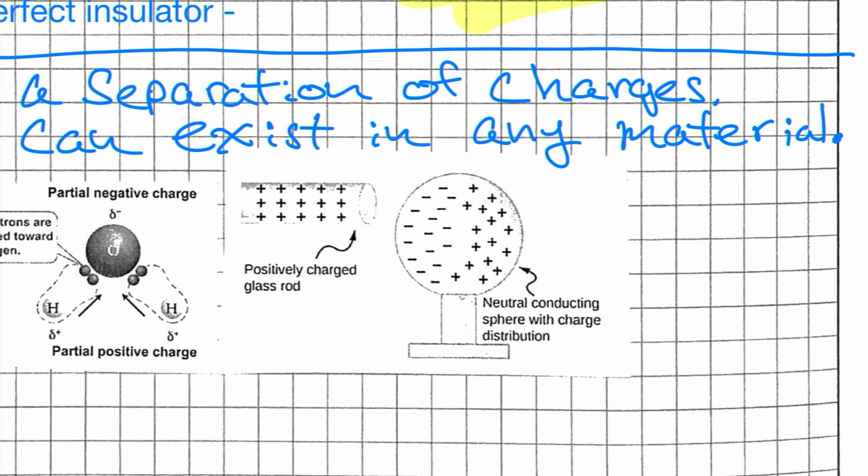So conductors can be charged. And when you charge a conductor, you have a large charge separation in a conductor.